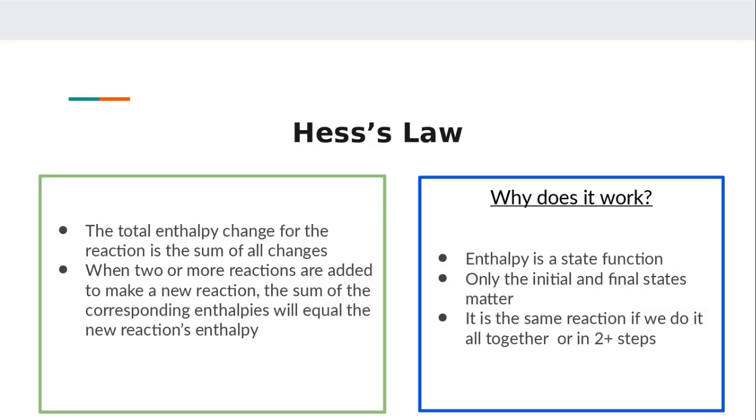A state function means that only the initial and final states matter. It doesn't really matter how we get to the final state. We can do it all together in one equation, we can do it in 2 or 3 or 4 steps. It doesn't matter how many steps, as long as we have the same initial and final states.